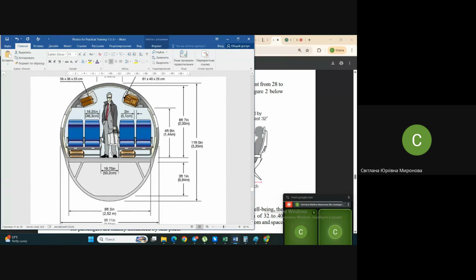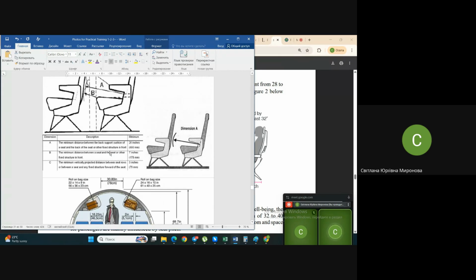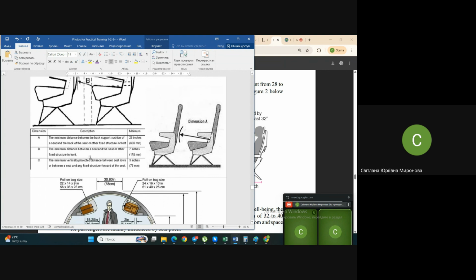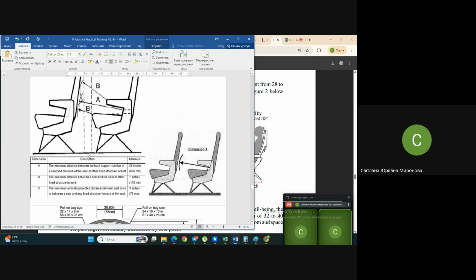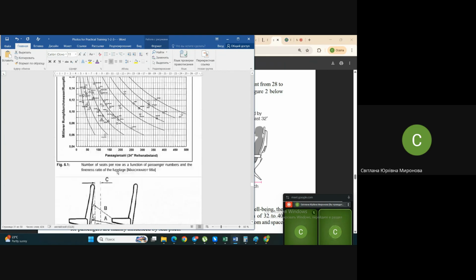You see some recommendations as to cross sections, for different classes and different sizes. Between lines, at least, pay attention, at least 66 centimeters, 660 millimeters, and so on. You might find it on your own, of course, on the internet.